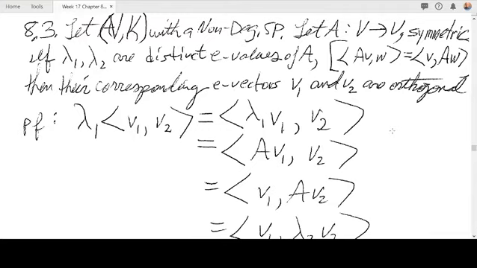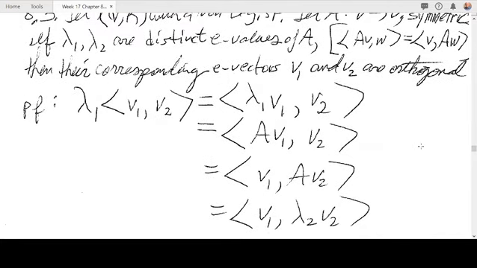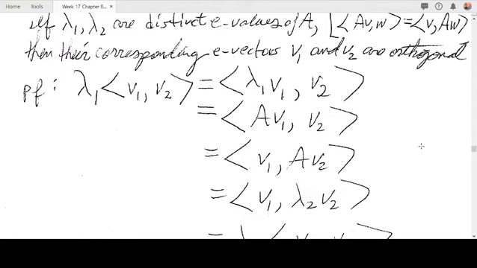So let's multiply by lambda 1 and then put lambda 1 inside on the first component, and using the fact that it's an eigenvalue, we have equals the scalar product of AV1, V2, and since A is symmetric, we can move A to the second component.